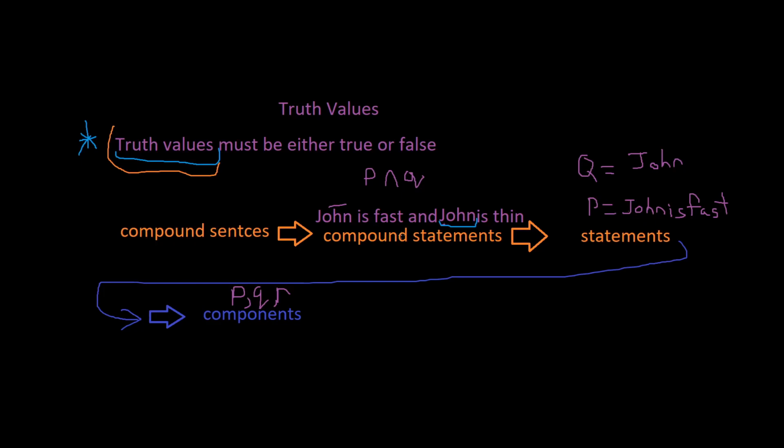They end up making compound sentences, right? And so we just put this over here, and that ends up giving us a sentence. All right, these two conjoined statements: John is fast, and John is thin.